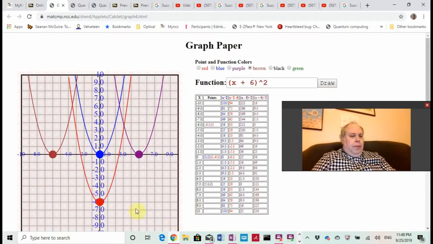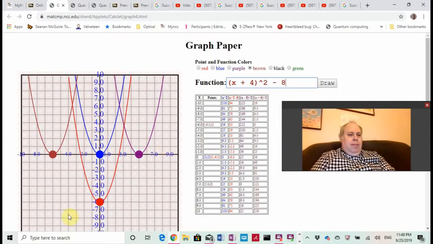Good. Now, if I want to put a turning point anywhere I feel like, say negative 4, negative 8, I would do x plus 4, because at negative 4, plus 4 is 0, squared, minus 8.